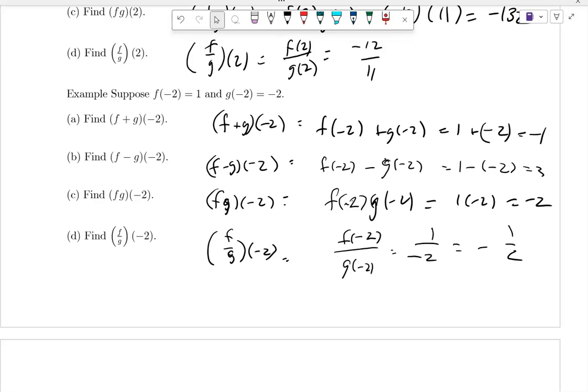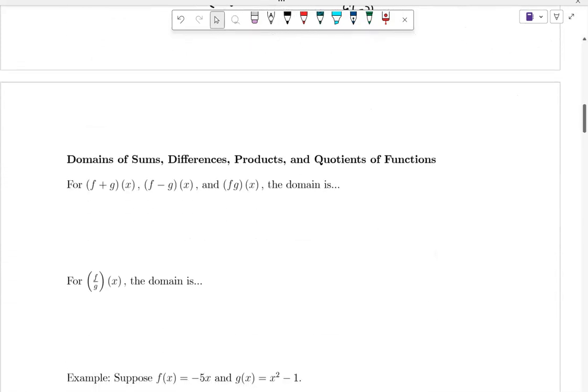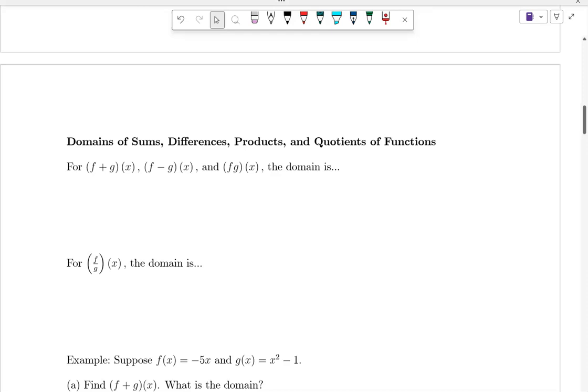All right. So let's talk about domains of sums, differences, products, and quotients. Notice how we've defined these things, right? No matter what, if I plug something in for x, it has to go into both f of x and g of x.